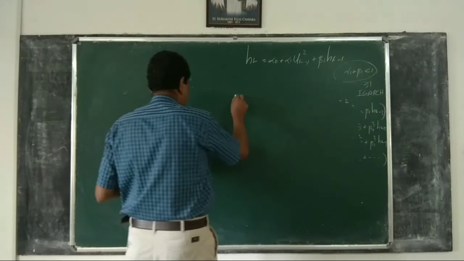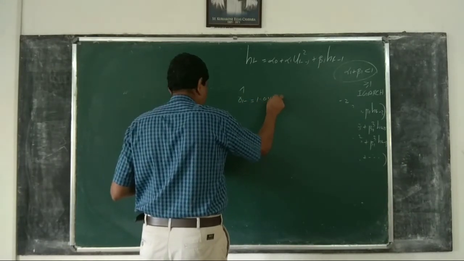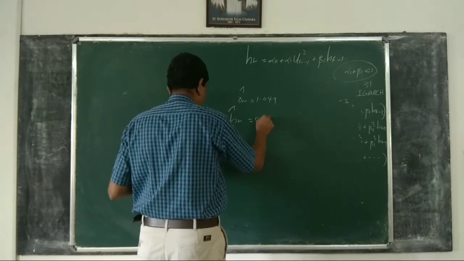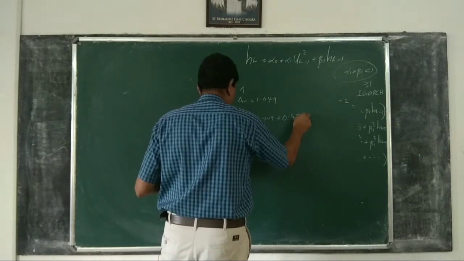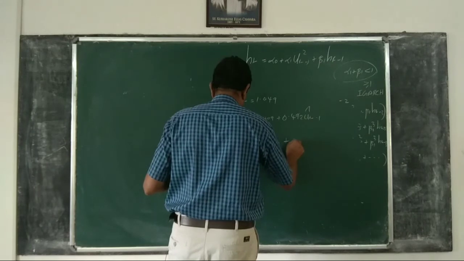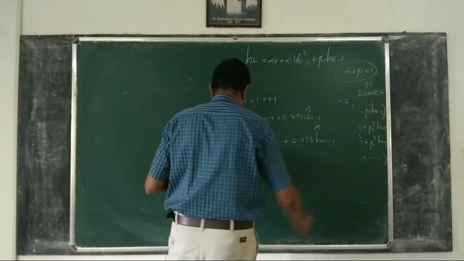Now, using the same data we have discussed earlier, r hat t is equal to 1.049, and h hat t is equal to 0.409 plus 0.492 u hat t minus 1 plus 0.238 h hat t minus 1.